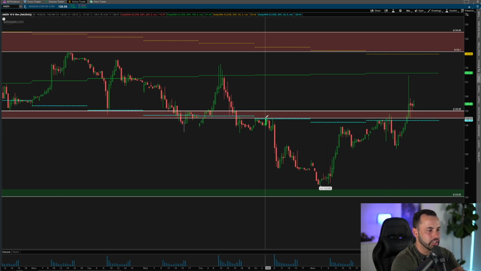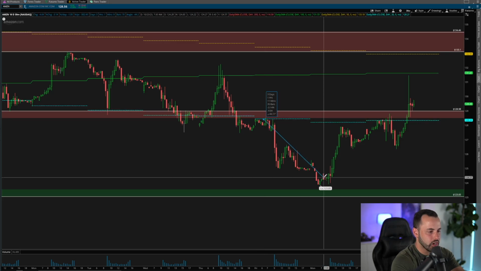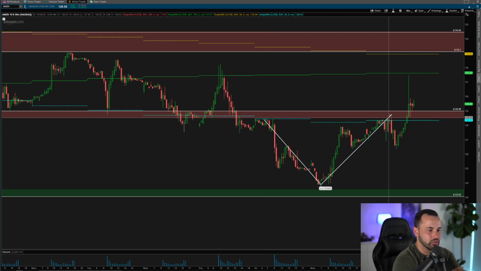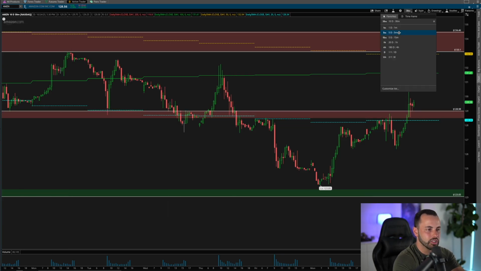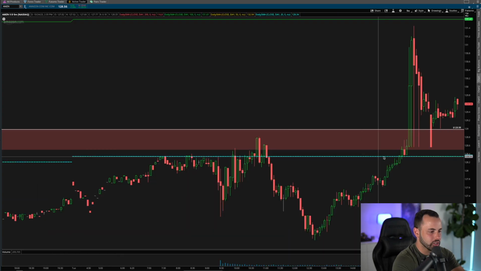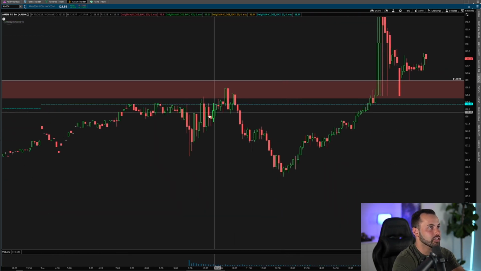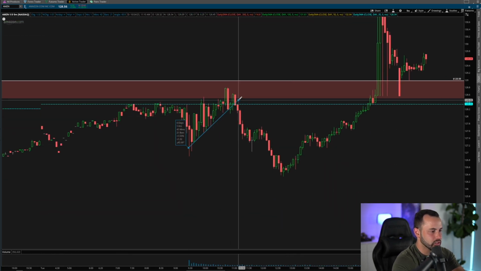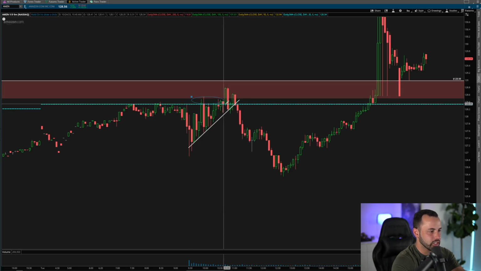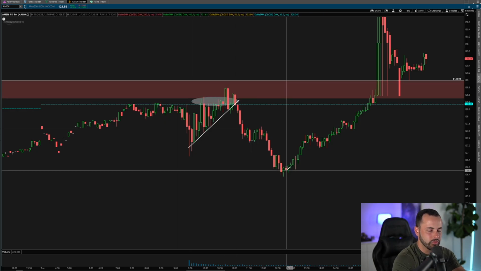So what do you see here? You can see 129, we dropped, and we are pushing back into it. So if we're pushing back into that previous 129 support, let's see if it turns into a rejection. And if we go to the 5-minute chart today, you can see we had this little uptrend into 129 where I started to enter puts, and we got a beautiful downside move.